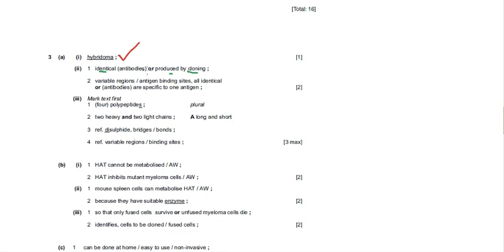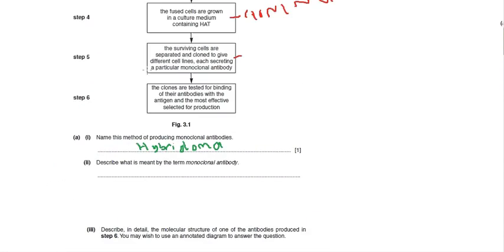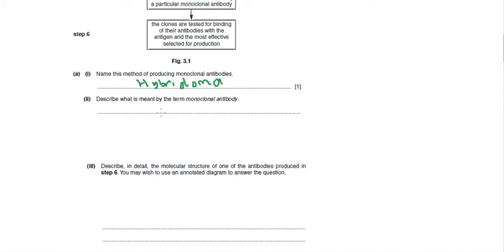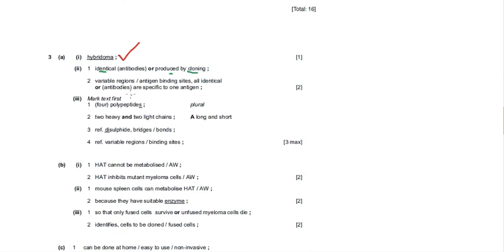So when we talk about monoclonal antibodies, it is the one that is identical to the antibody which would be produced. It has the same binding sites. So we can talk about binding sites, and also the antigen binding sites.